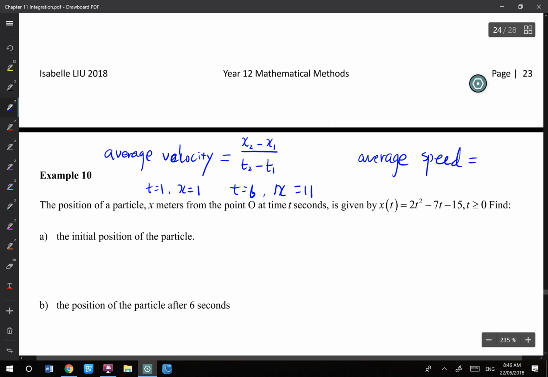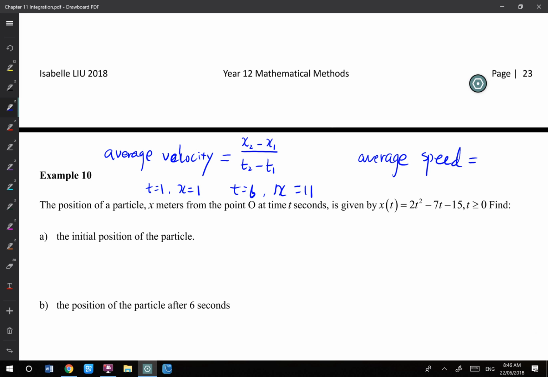So my average velocity will be 11 minus 1, that's 10 on top, divided by 6 minus 1, so divide by 5, which is 2. That's my average velocity. So the average velocity is move 2 units to the right every second.